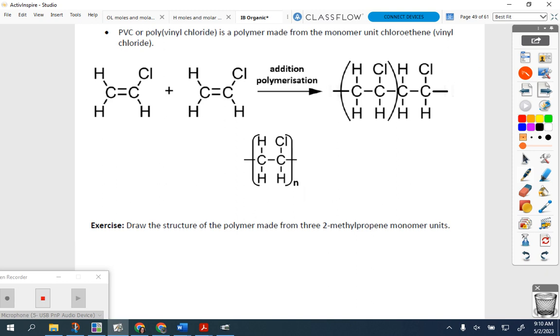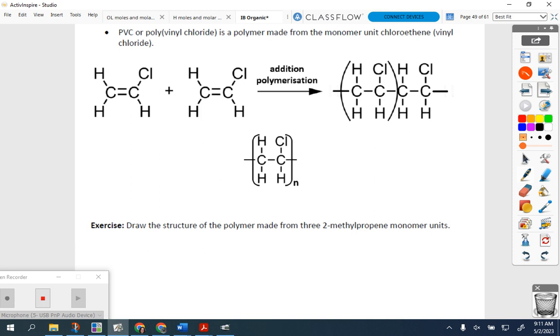So each ethene has been substituted with one chlorine. And so in this case, what we end up with is exactly the same thing, except there's a chlorine in each monomer. So same thing, just make sure that the double bond is broken and you have whatever substituent is on there, and that the subscript is N.